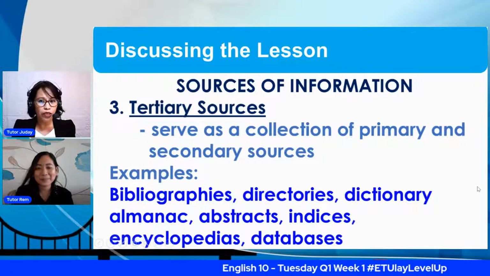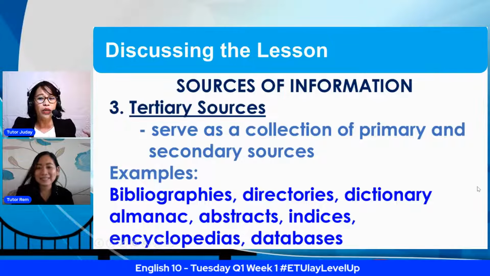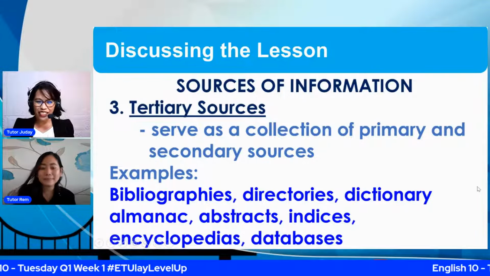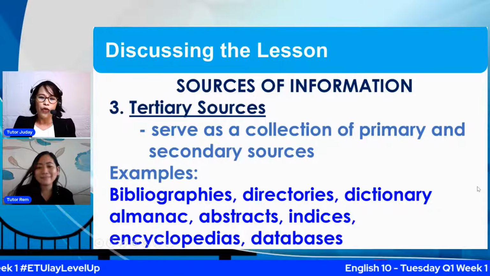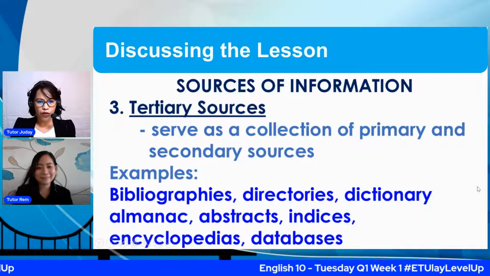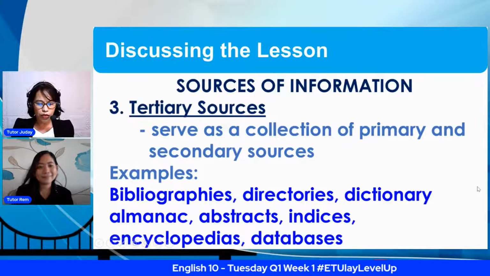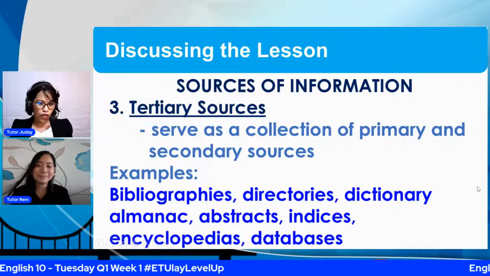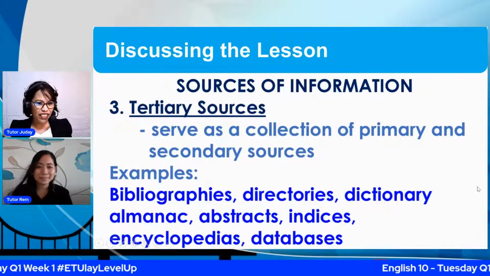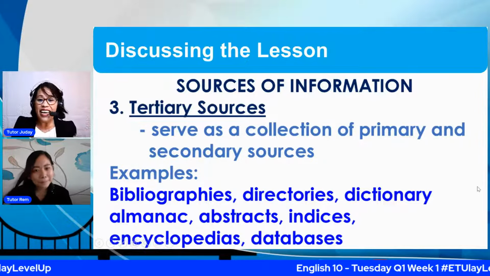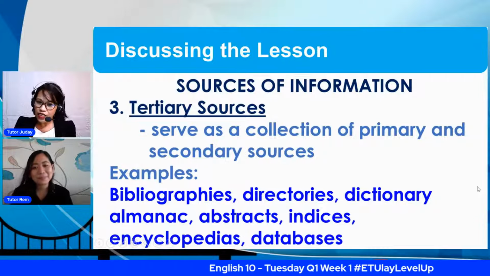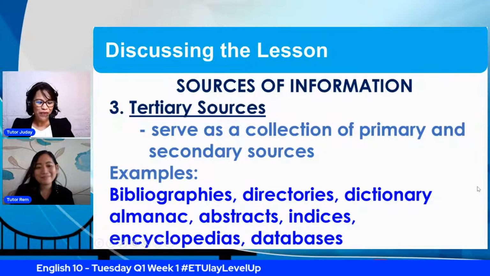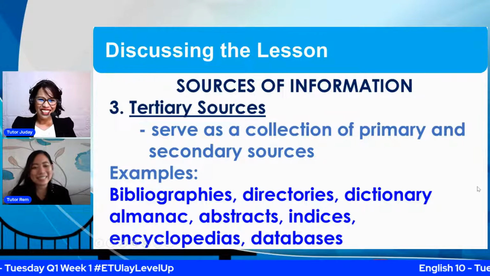The tertiary sources are actually the collection of primary and secondary sources. What are the examples? We have bibliographies. These are the collection of the different references. We have directories. We also have dictionary, almanac, abstract, indices, encyclopedia, and databases. These are the examples.